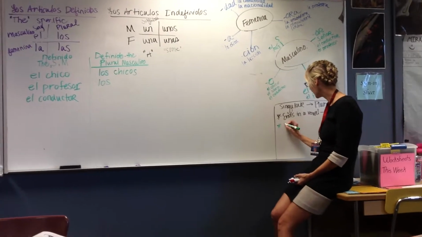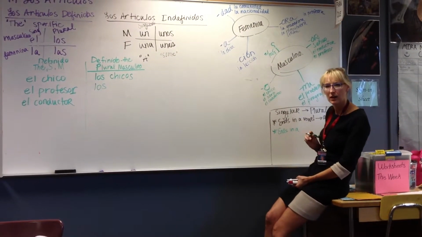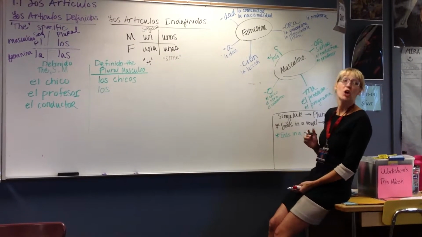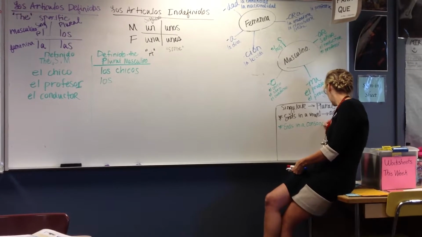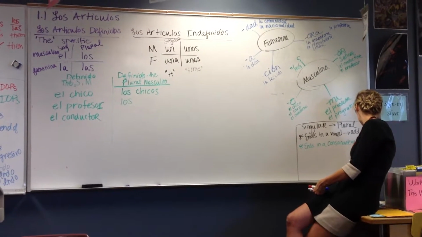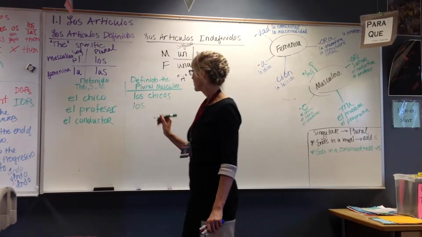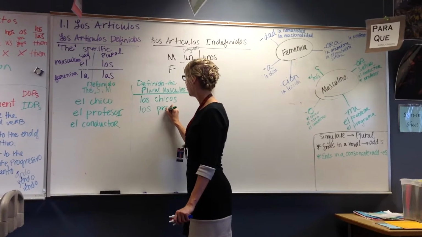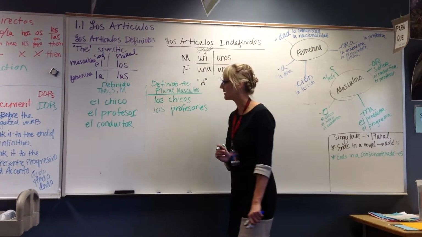If it ends in a what? Consonant. If it ends in a consonante, you have to add what? Yes. Add es, exactly. So this is going to become los profesores. Muy bien, exactly.